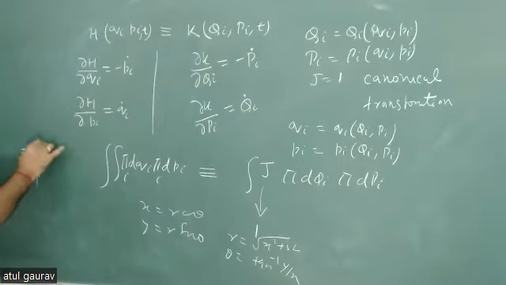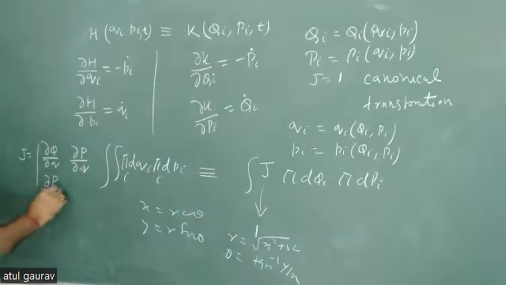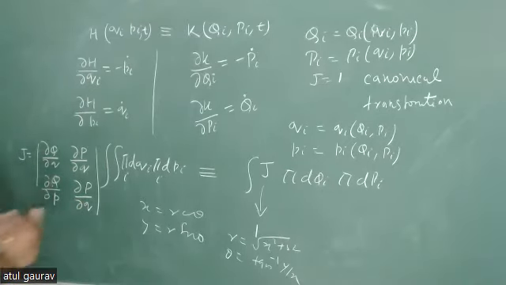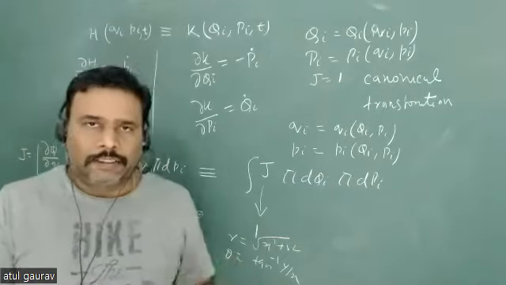And what is this J? This J is nothing but del Q upon del q, del P upon del p, del P upon del q, del Q upon del p. And the mod value is there, means it can be -1, it can be +1. The magnitude is going to 1. You have to always take care of this thing.